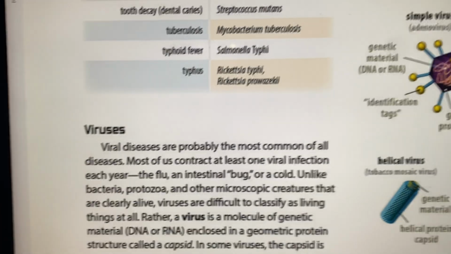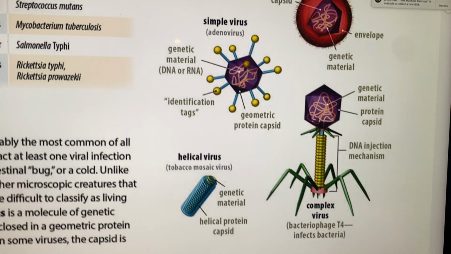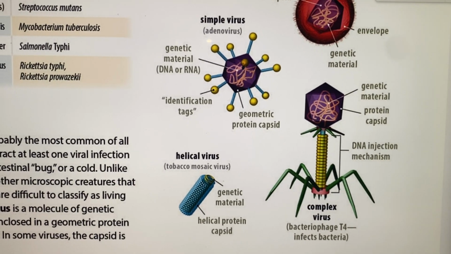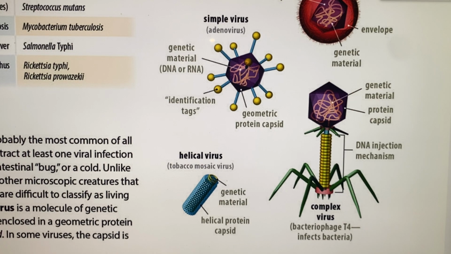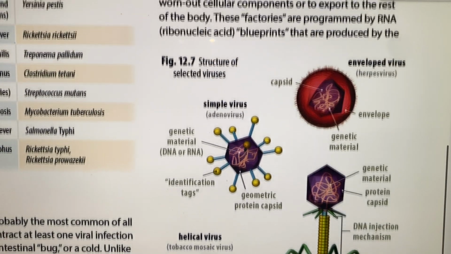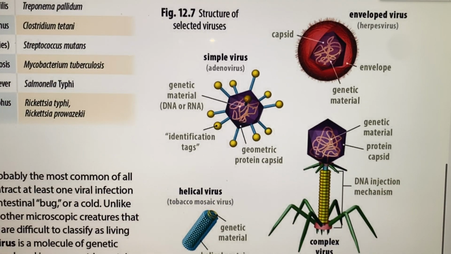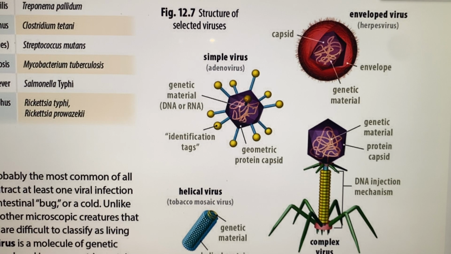Let's go over here to look at some of these viruses. Look how strange these guys look. So let me move down here a little bit. Structure of viruses. They're a molecule of DNA or RNA, actually. They're just one single molecule. They're very tiny. They're enclosed in a geometric protein called a capsid, like a capsule, but it's called a capsid.